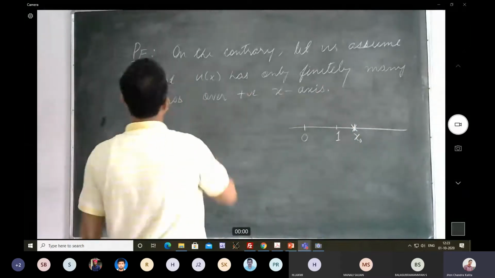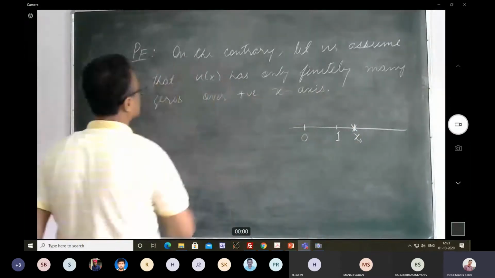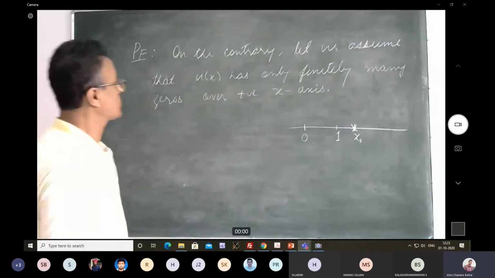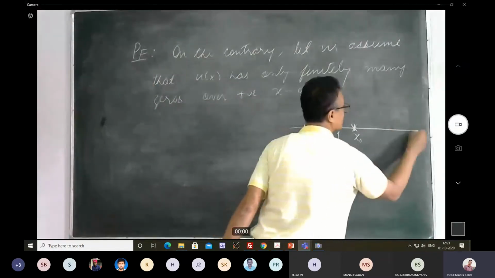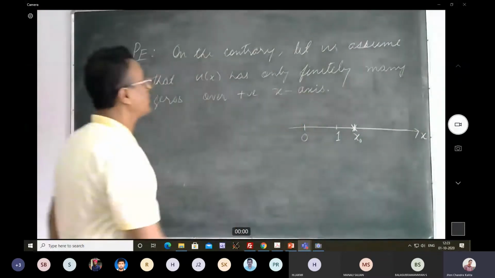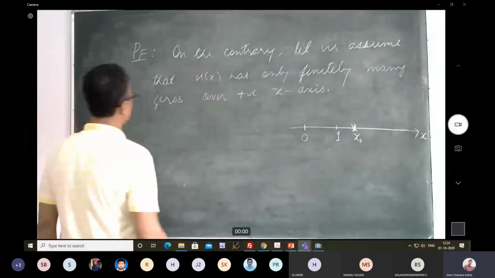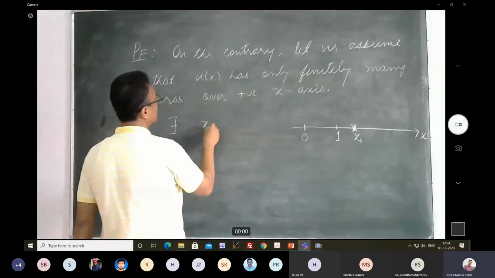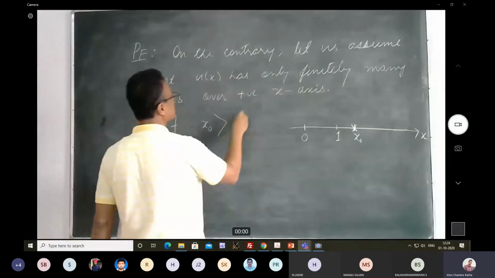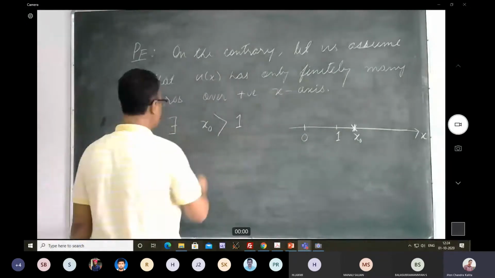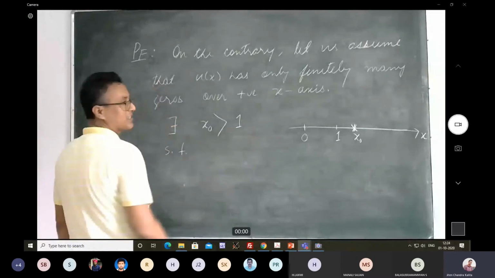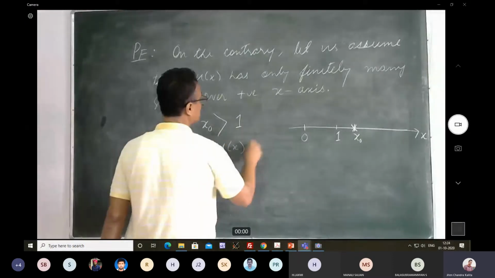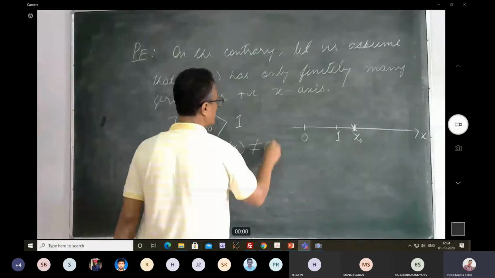Because I have assumed that u(x) has only finitely many zeros over the positive x-axis, I can always assume that there exists x0 greater than 1 such that u(x) is not equal to 0 for all x greater than or equal to x0.